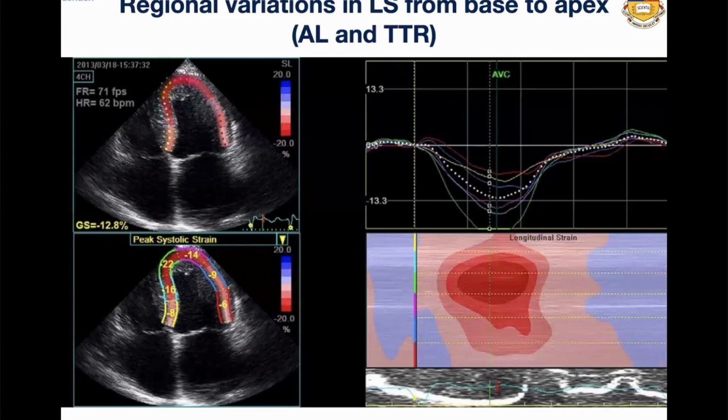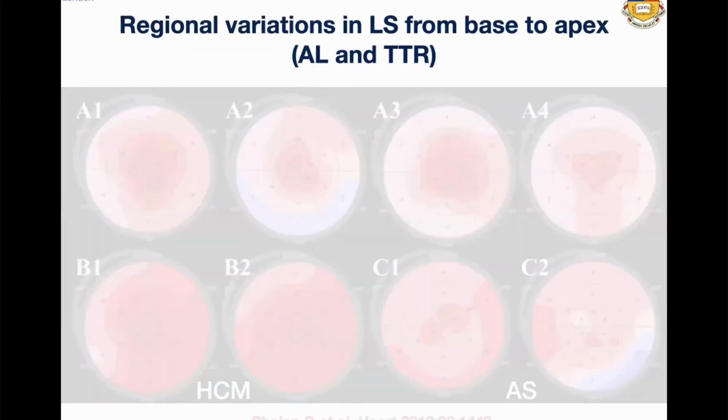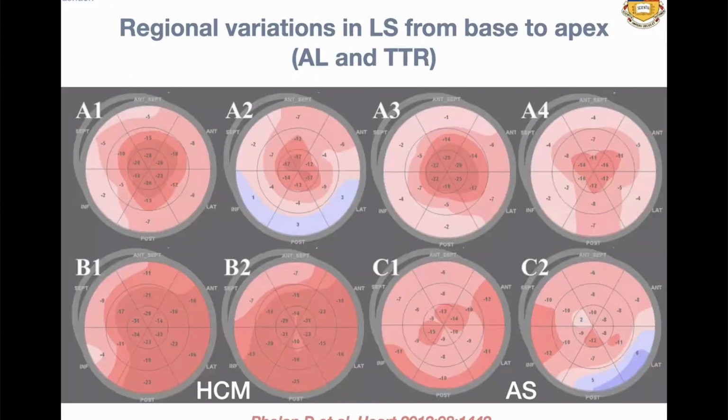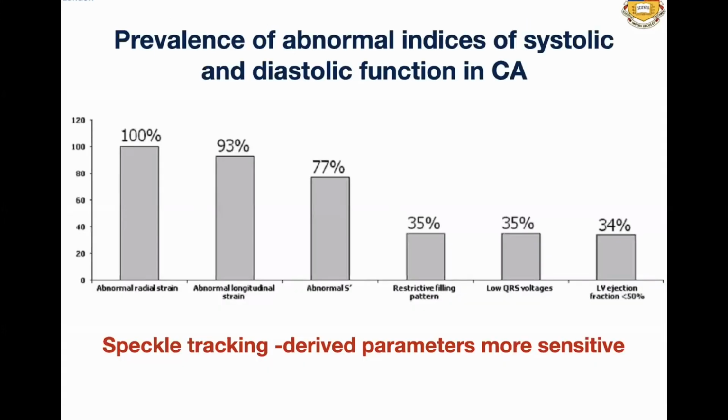There is a gradient between base and apical strains, and from this slide you see that speckle tracking derived parameters are much more accurate in the diagnosis of cardiac amyloidosis compared to the more traditional, so to speak, echo parameters.